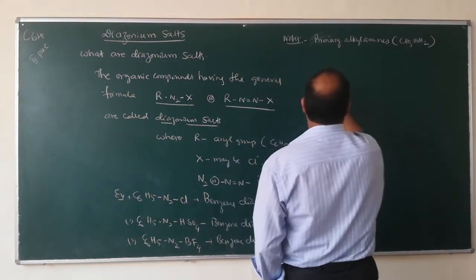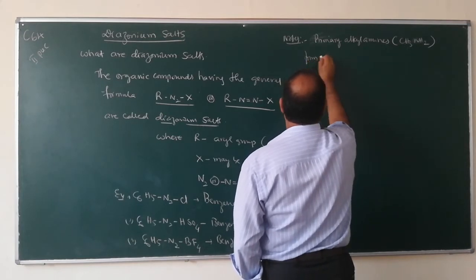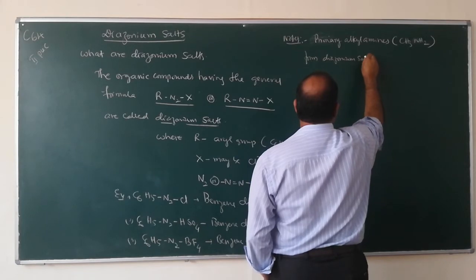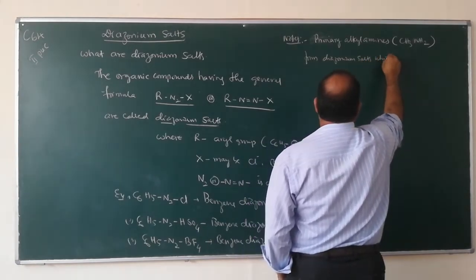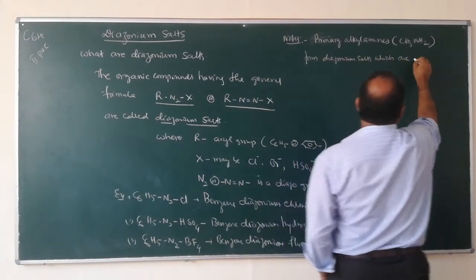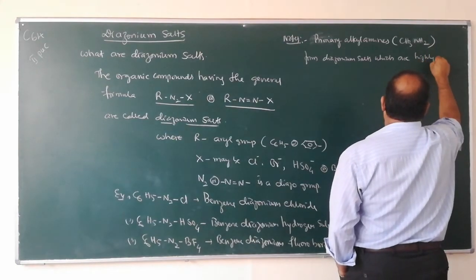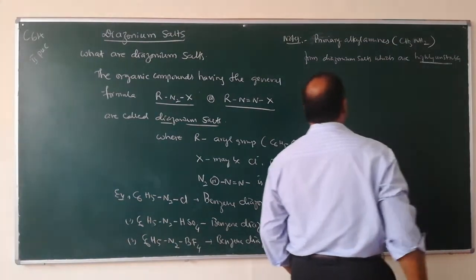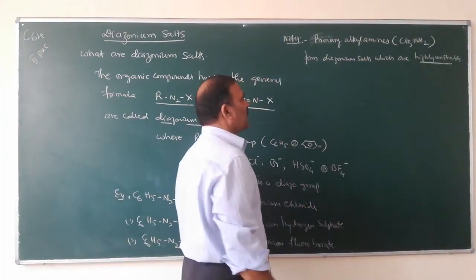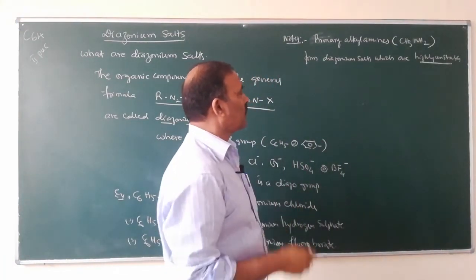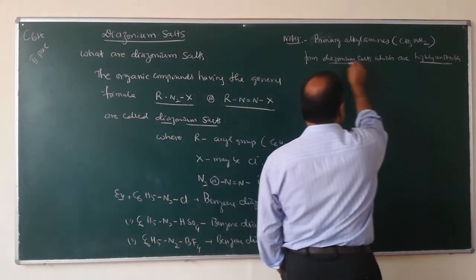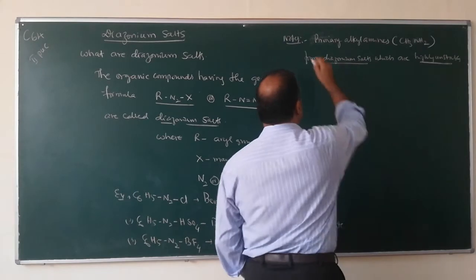Primary alkyl amines, namely methylamine, ethylamine, propylamine, etc., form diazonium salts which are highly unstable.